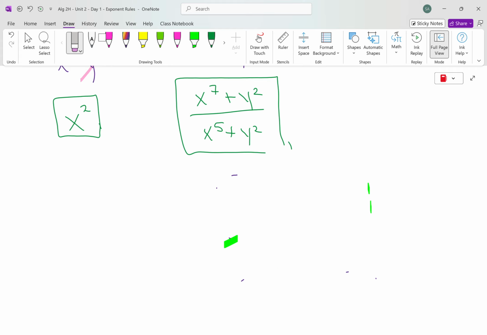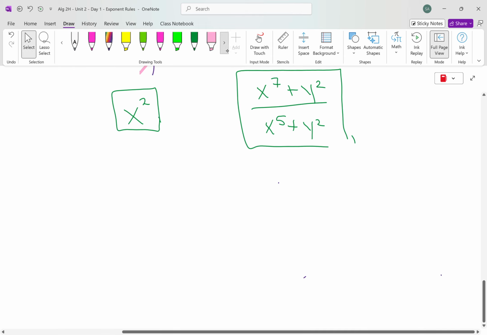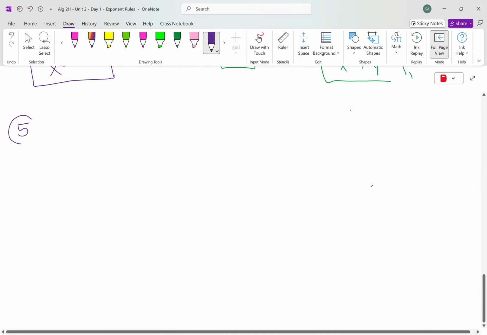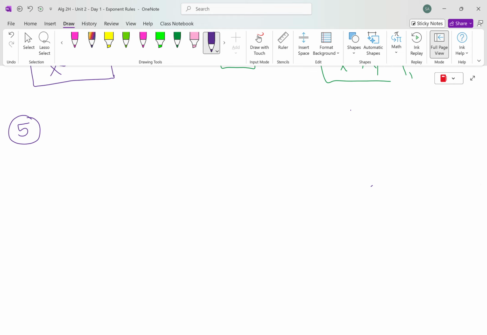Okay, moving on, let's do some more. Let's step it up just a little bit. X to the 6a minus 3 over 2x to the 6a minus 3 minus 4x, divided by 4x to the a plus 2.